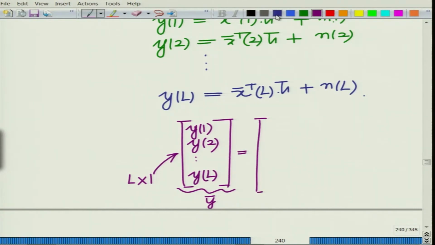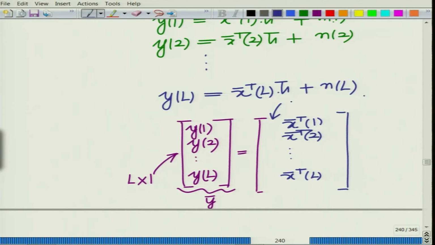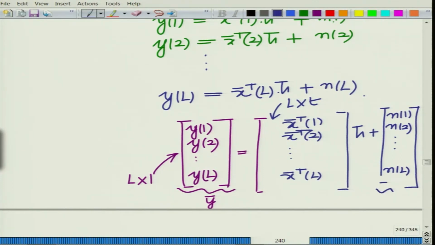This is equal to x bar 1 transpose, x bar 2 transpose, up to x bar L transpose. You can see this is an L cross T matrix times H bar plus N1, N2, up to NL.